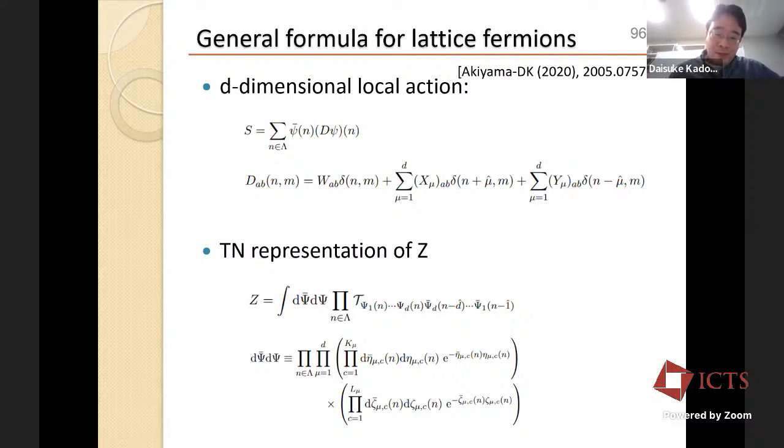Here A is the index of fermion fields, such as spinor index or gauge index, and W, X, Y are matrices with respect to the index of the fermion field.